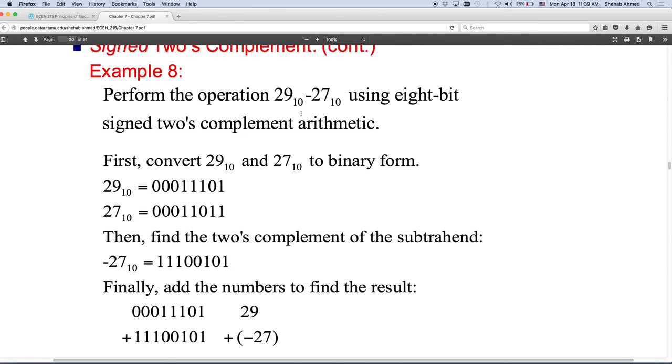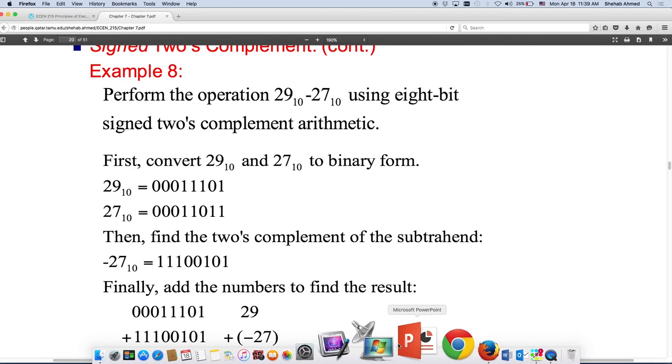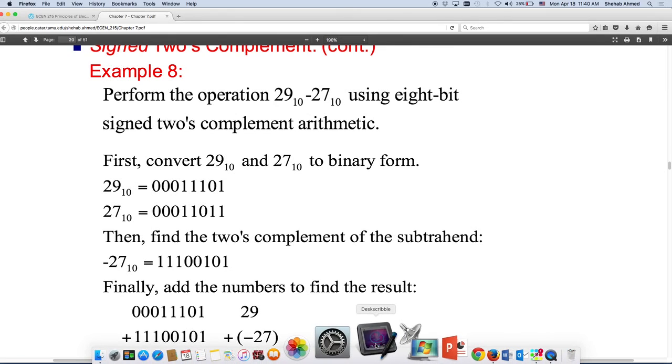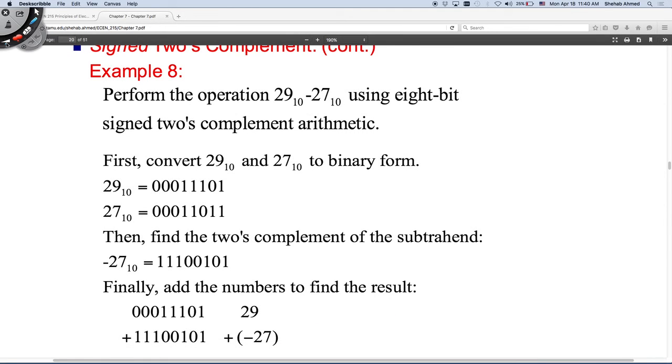How do I convert 29 to binary format? Remember, we took the number and divided by 2, divided by 2, divided by 2, until we came up with a representation in binary format. Let's confirm that this is 29. This is 2 to the 0, 2 to the 1, 2 to the 2, 2 cubed, 2 to the 4th.